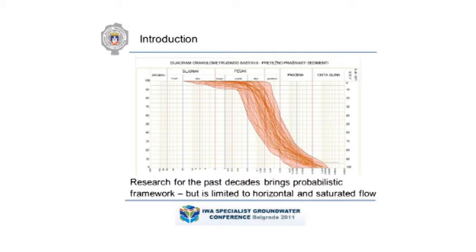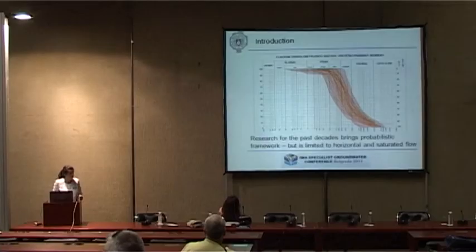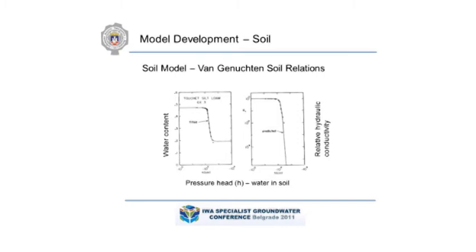This variation has inspired, for the past decades, a lot of researchers to work on new groundwater theories in a probabilistic framework. But unfortunately, these theories are for now limited to horizontal and saturated flow. So, having to deal with urban stormwater systems, we need better insight into the Vadose zone infiltration.